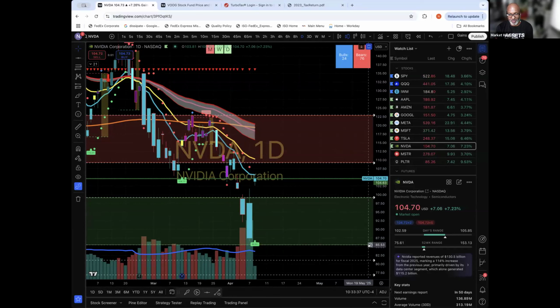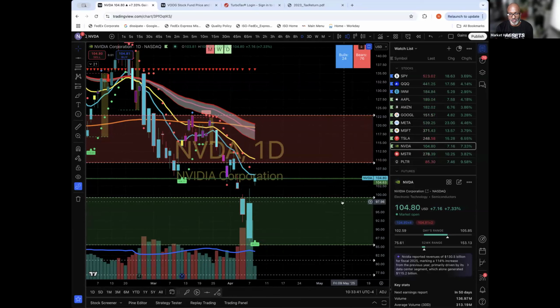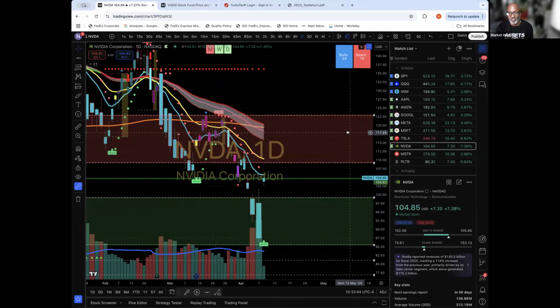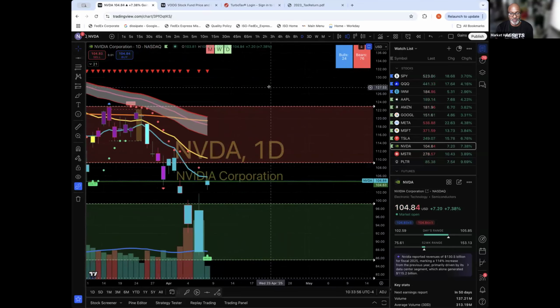Here is the bottom of support, 85.53. So I just created two boxes: in between resistance and in between support. Let's blow this up a little bit so we can see it better.